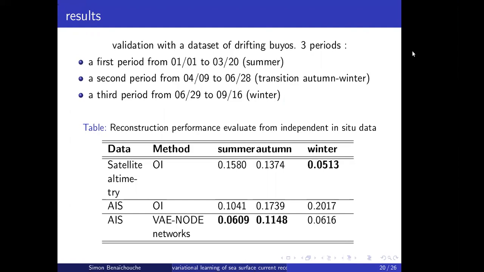There is an interest in learning using AIS because the altimetry product relies on approximations, and the fields which are computed using altimetry product are divergence free.